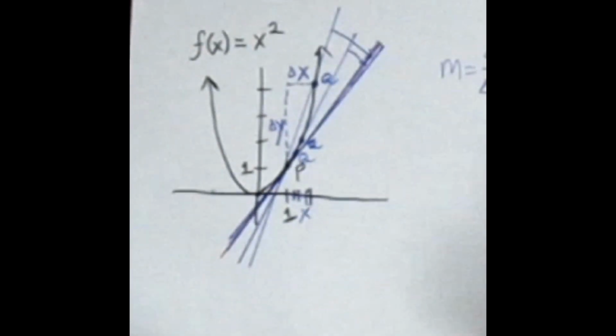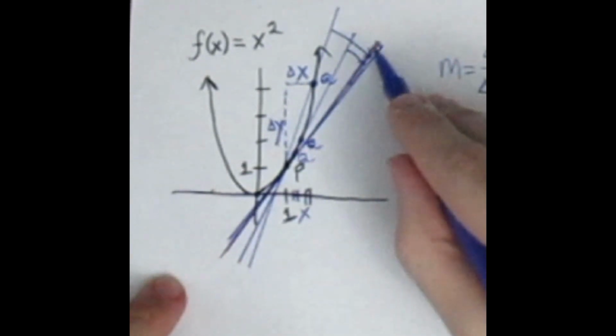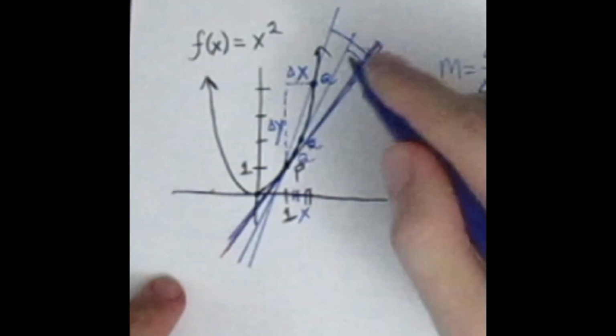Okay, well, see, it's getting better. It's coming from here to there. In fact, we could get even closer and put our Q right here. And then as we notice, our secant line is going to get even more close. And as you see right here, the secant line is almost right on the tangent line.